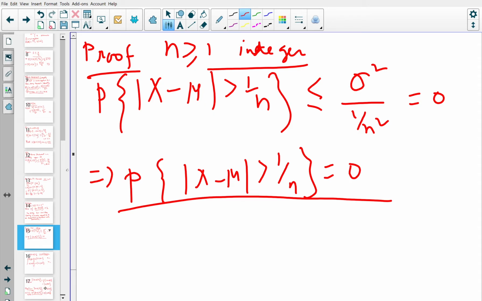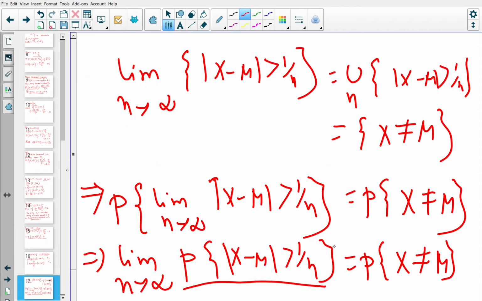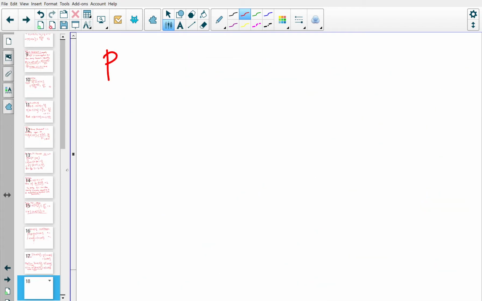Okay, so that means the left hand side is a sequence of 0 values. The limit will be 0. So the left hand side is 0, and hence the probability that x not equal to mu is equal to 0.